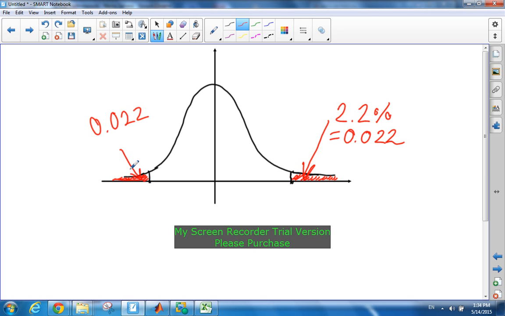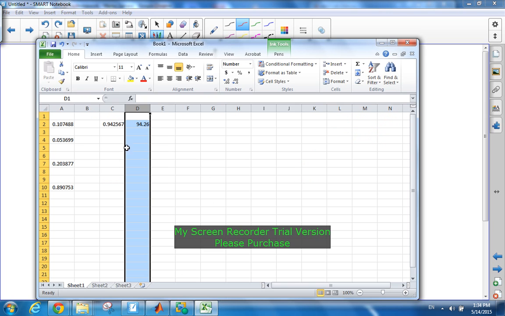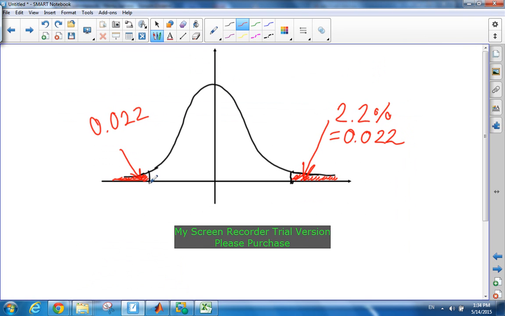Okay, so if you try to use the NORM.DIST function, it's not going to work, because when you give it a z-score, it tells you what this probability is, but we need a reverse process. So what should be this number here, so that the cumulative probability up to that number is 0.022.